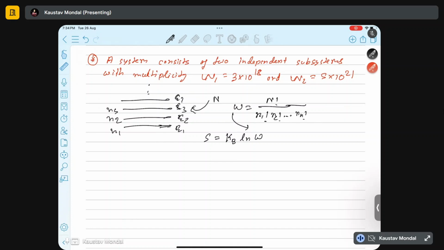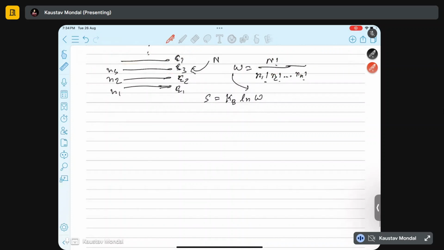Now in this problem, for these two independent systems, the multiplicity, which is nothing but the weightage, is given: 3 into 10 to the power 18 in the first case, and 5 into 10 to the 21 in the second.